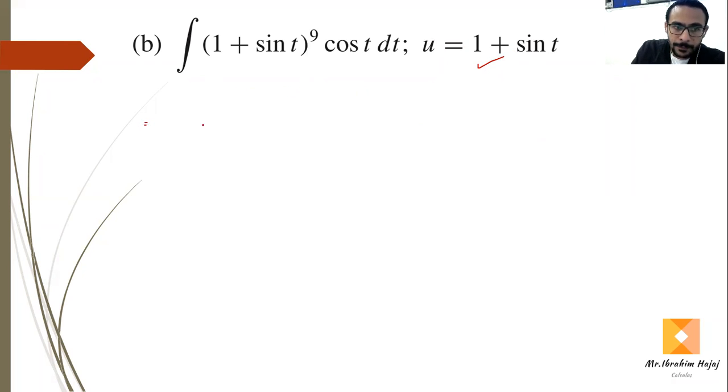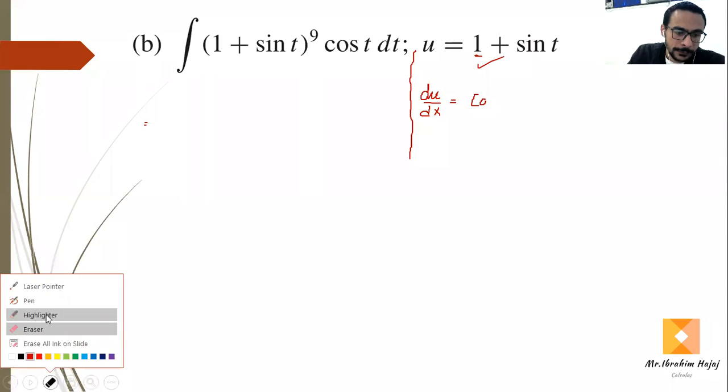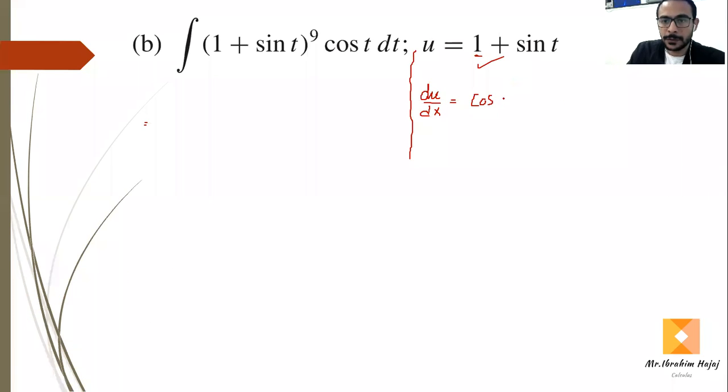What's the derivative of 1 plus sine t? du over dt equals 0 plus the derivative of sine t, which is cosine t. Yes, it's cosine of the angle t.